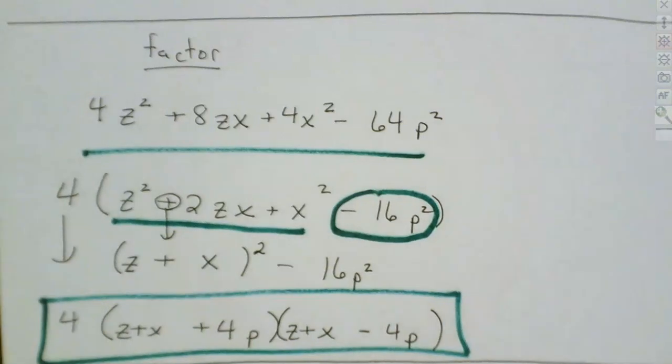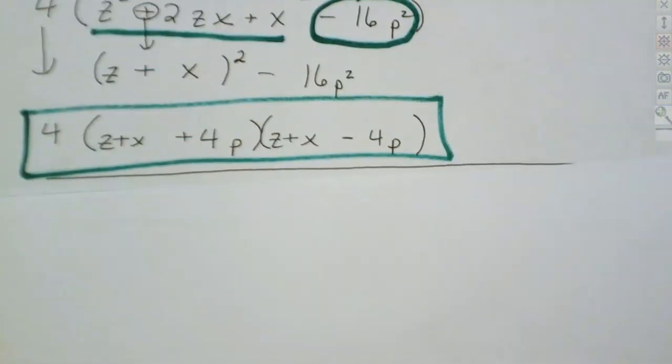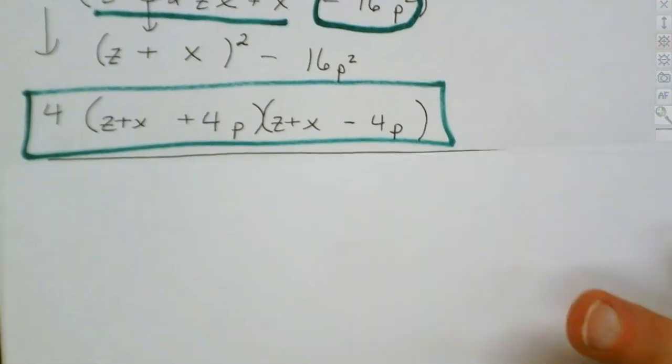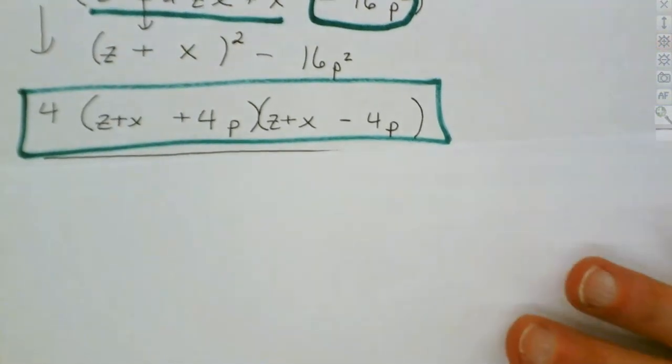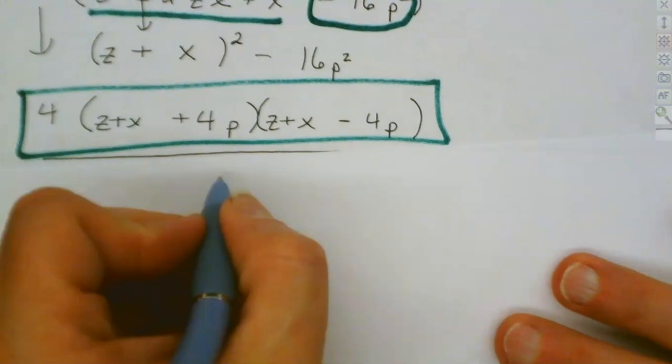Now let's look at 5.4, and 5.4 is a combination of everything. So 5.4 is everything we've learned, just all mixed up in a different order. So it might be factor by grouping. It might be factor trinomial, factor binomial, take out our greatest common factor.